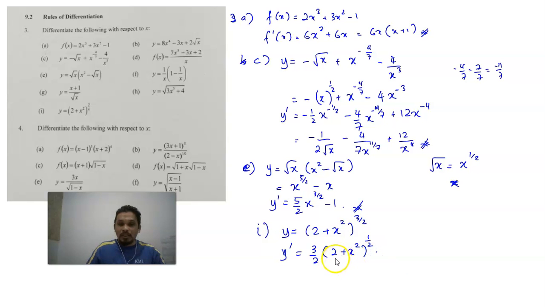Multiply with the derivative of 2 plus x squared, differentiate the function inside, differentiate 2, 0, differentiate x squared, 2x. So 2 divided by 2, that is equal to 3 times x. Then 2 plus x squared to the power of half.